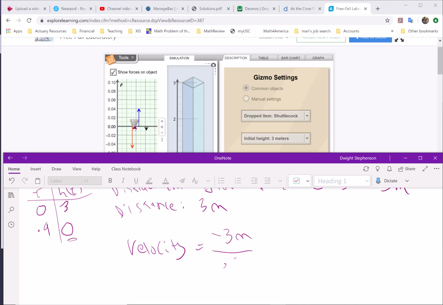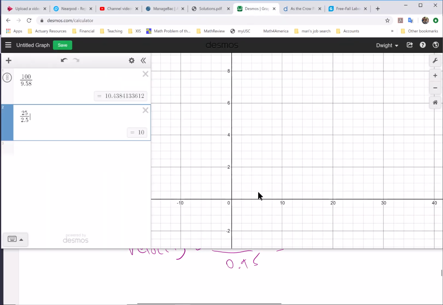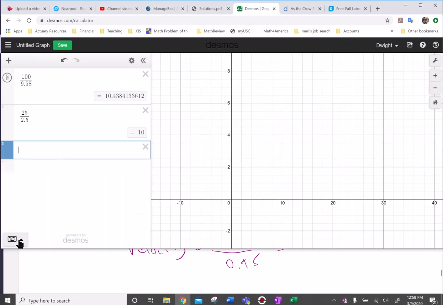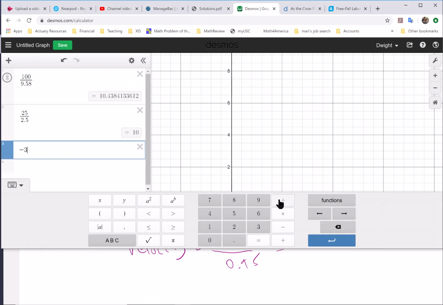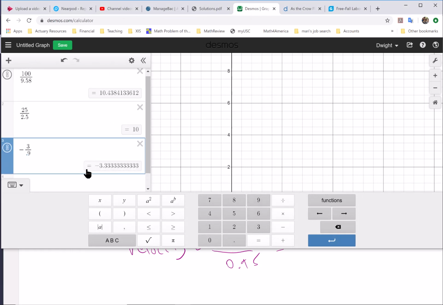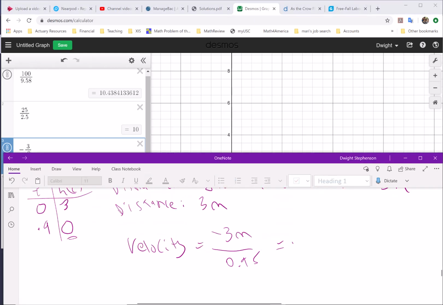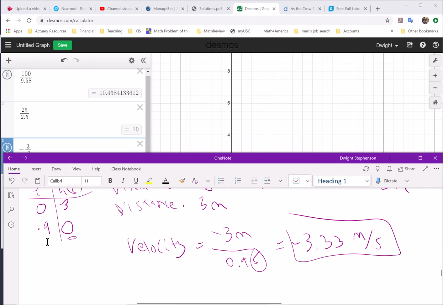It took 0.9 seconds, and so the velocity is going to be -3 divided by 0.9, which is -3.33. Don't forget units: meters per second, right? Because this was measured in seconds. So the average velocity is negative 3.33 meters per second from time 0 to 0.9 over the entire trip of the shuttlecock, right?